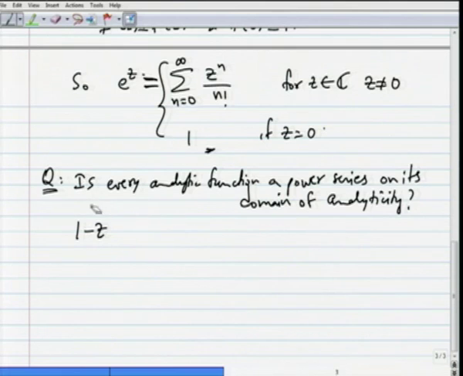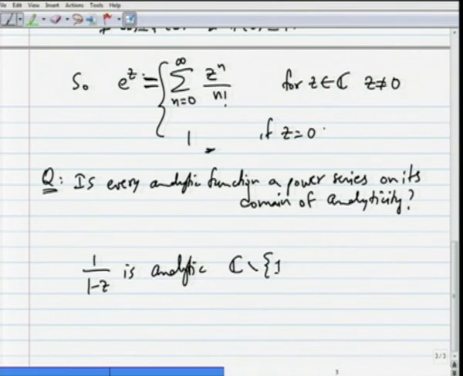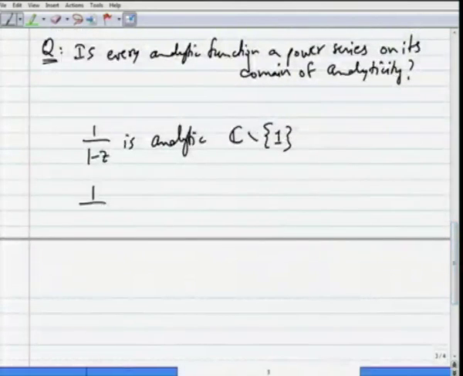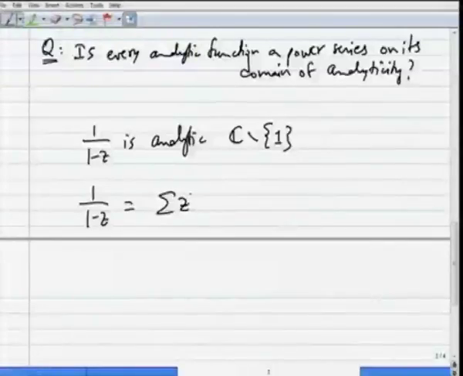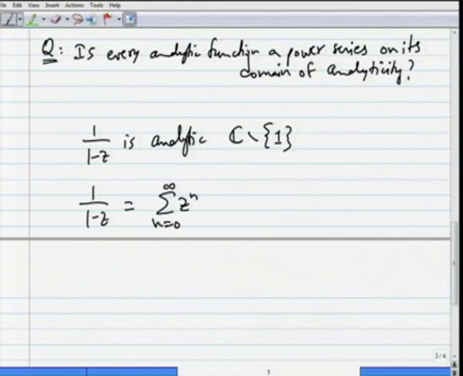So we know that 1 by 1 minus z is analytic on all of C except at one point, namely 1. So on the set C minus 1, 1 by 1 minus z is analytic, but 1 by 1 minus z is equal to one kind of power series, which is the geometric series z power n, n equals 0 through infinity, only for mod z less than 1.